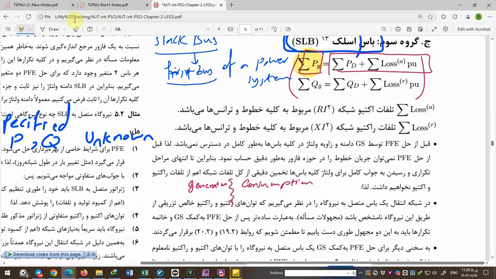In the right hand, we can write consumption or loads. PD, sigma PD means the sum of loads, and another load is losses. Sigma losses means loss.